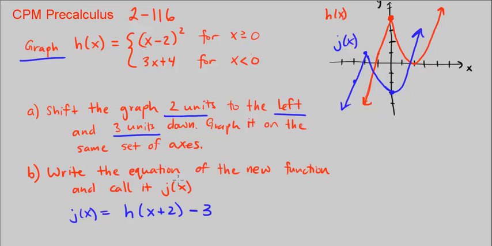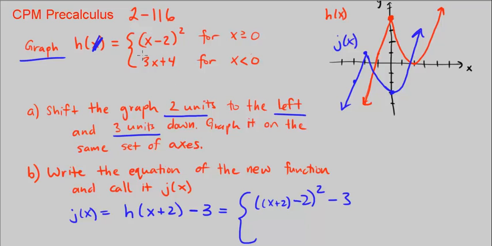So to give the equation, let's plug this in. It's a piecewise function with h of x being h of x plus 2 now. So instead of x here, we have x plus 2. That's x plus 2 minus 2, squared, and that's h of x plus 2, so we have the minus 3.